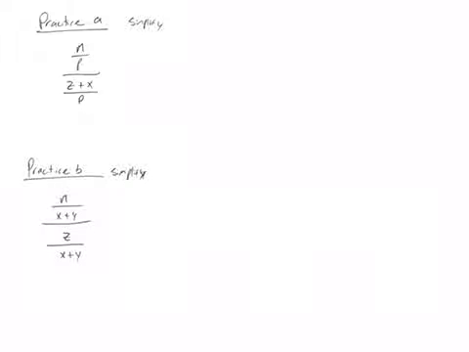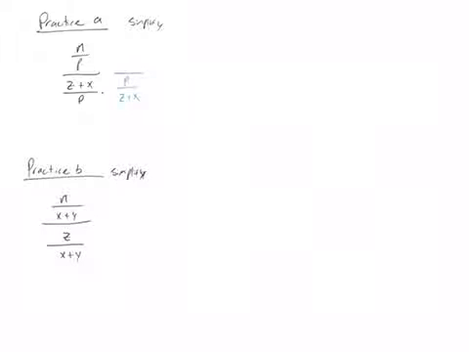Let's see if we can get into some and solve them. So it says practice A, our instructions are just to simplify. So we're going to use that trick and multiply both the numerator and the denominator by the reciprocal of the denominator. So P over Z plus X. This is the reciprocal of this.